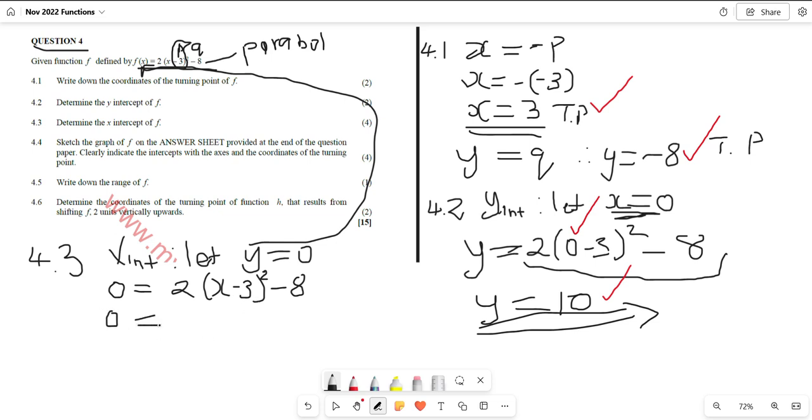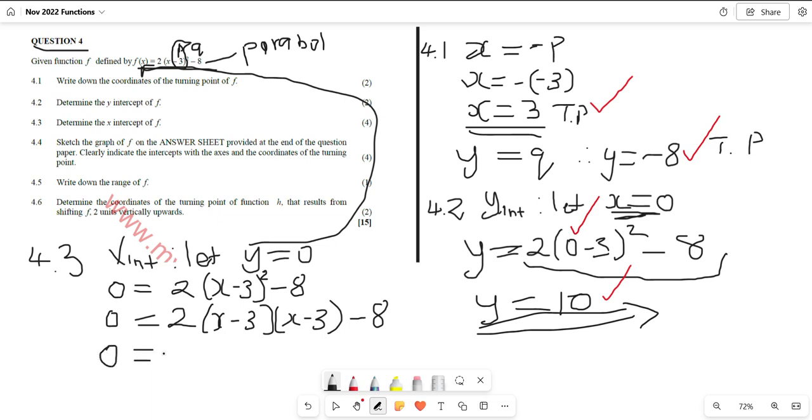That is equal to 2, first bracket x minus 3, second bracket x minus 3, minus 8. Now remember, the 2 is multiplying with these brackets here. Then we still maintain 0.